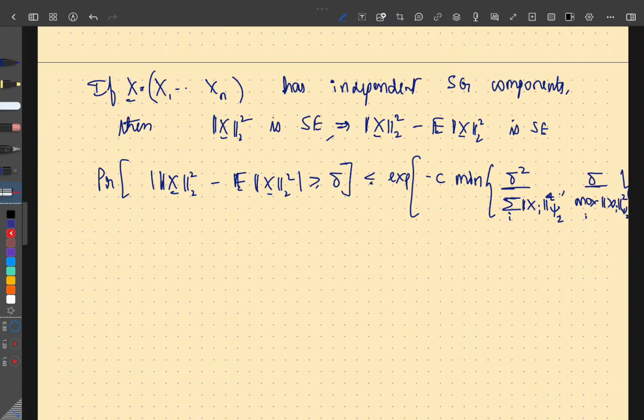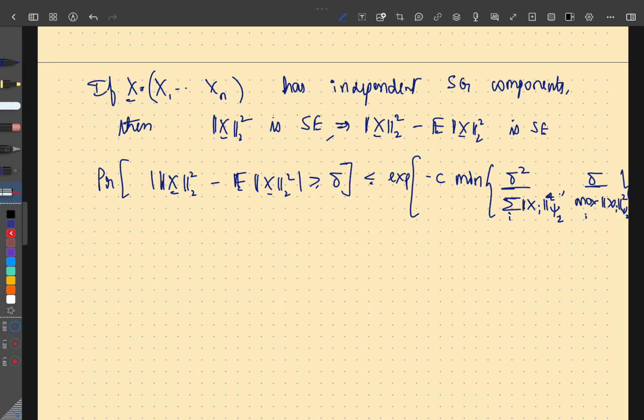So this automatically gives me a tail bound on the L2 norm square of a random vector. Why does the constant change? Because I'm using the bound for x minus expectation of x, or x square minus expectation of x whole square.